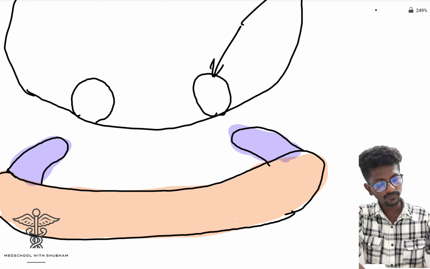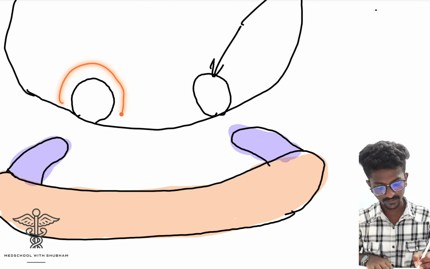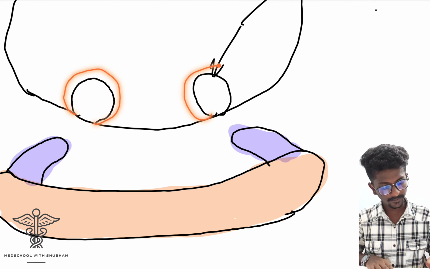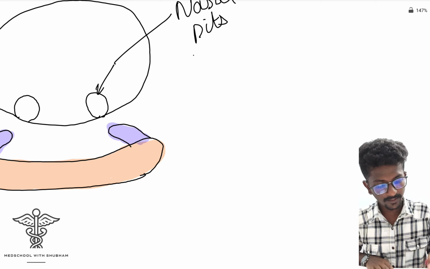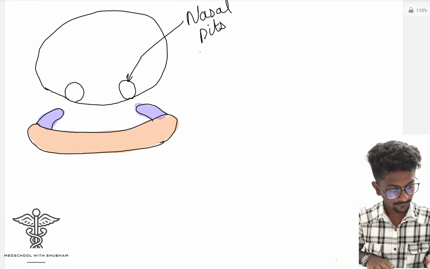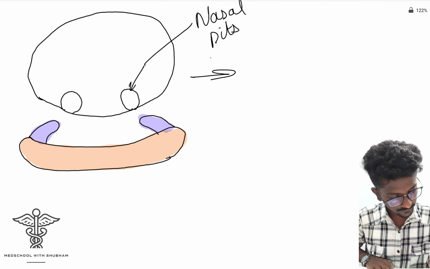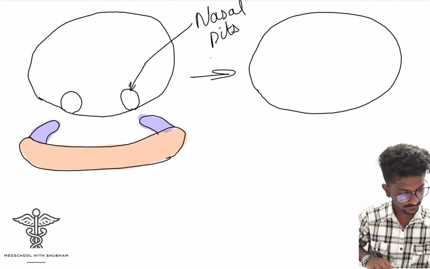The region around the nasal pits, the borders of the nasal pits, become more prominent and thickened, and now they will form a structure. This is the frontonasal process.